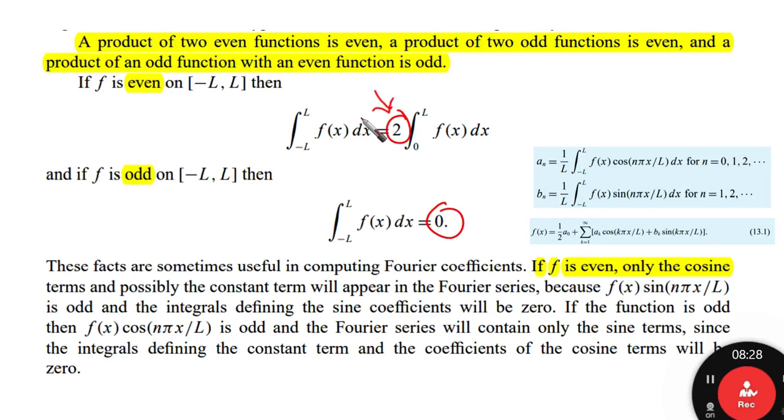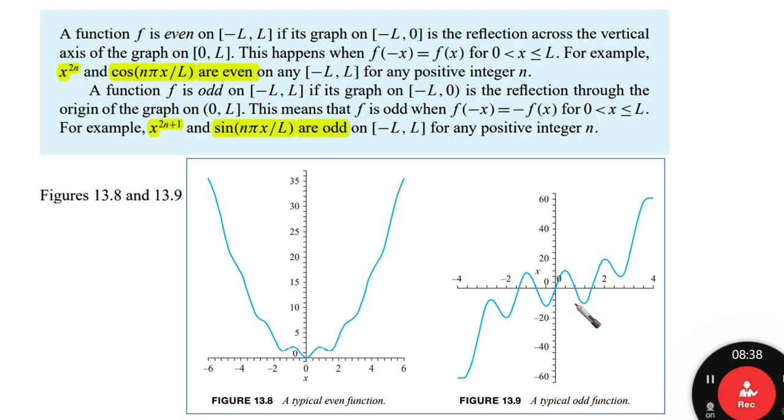Okay, and if the function is odd on minus L to L, then let's go to the graph here first. So we have the parts of the integration here and here and here and here and so on. What do you think about this integration when we take it from minus L to L?